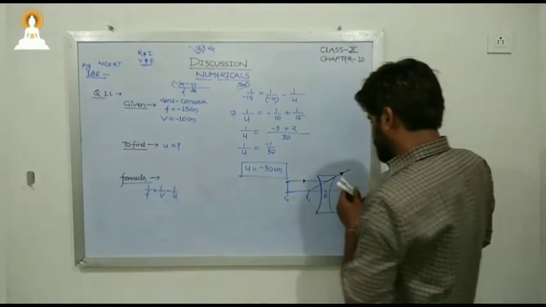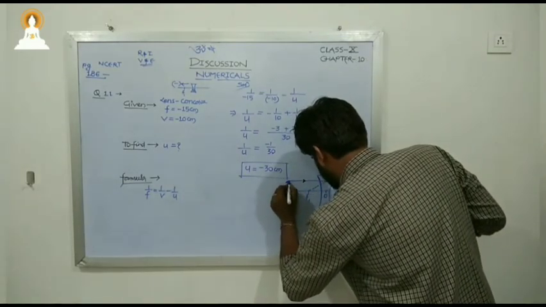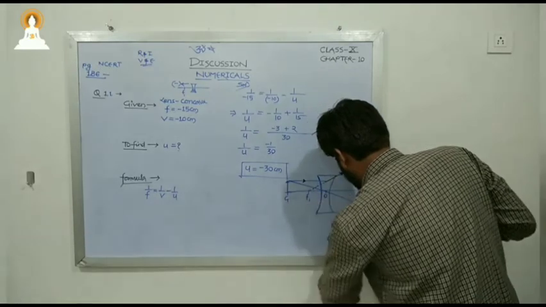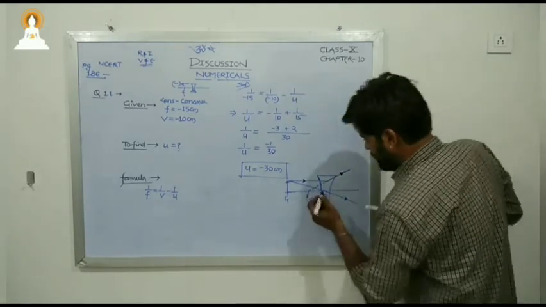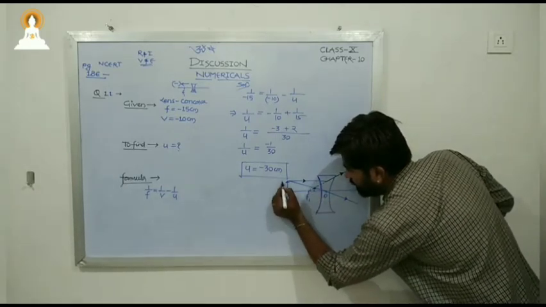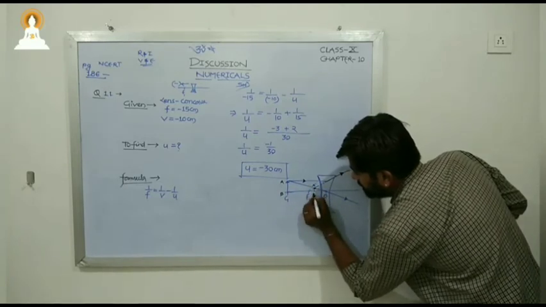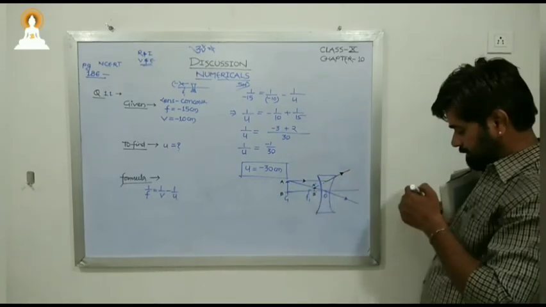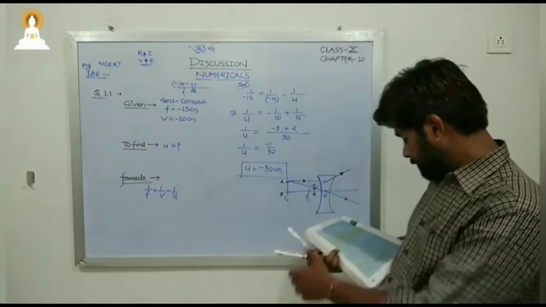In the second one, we may directly put it like this, that through the optical center it will pass directly straight forward. So we may see that the image will be formed here itself. If this is A, this is B, this will be A dash, this will be B dash. So this is the simple ray diagram for question number 11.